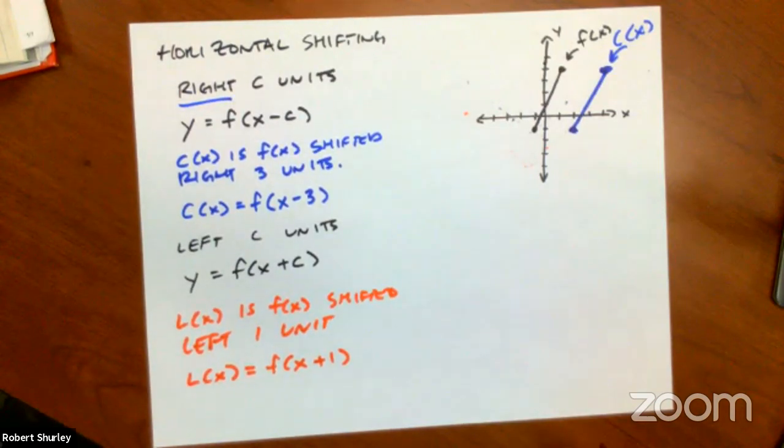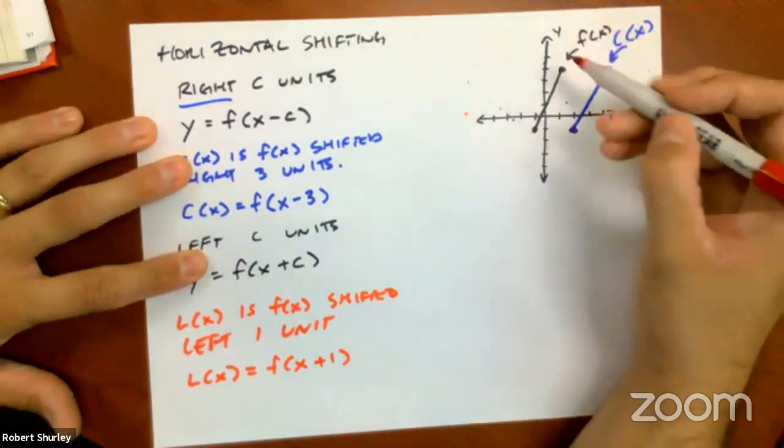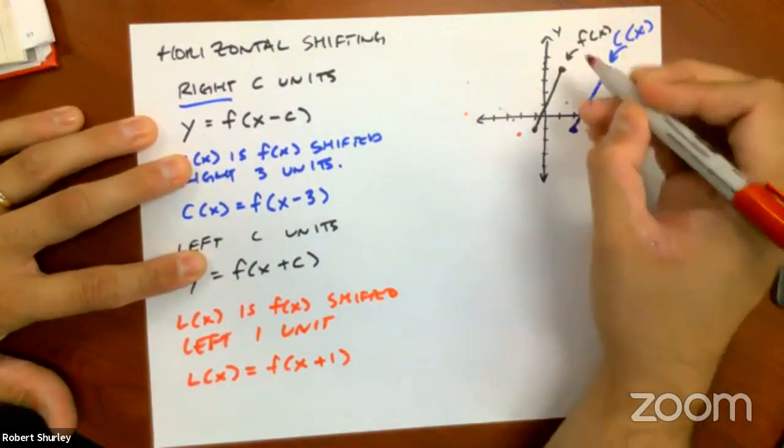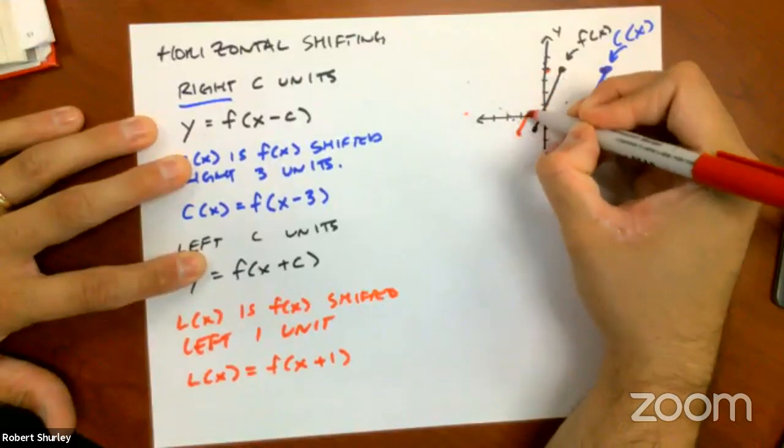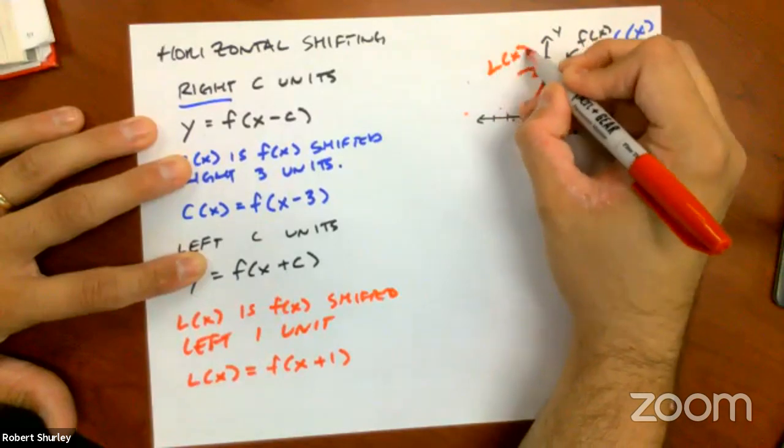The reasoning behind that is it's easier to see with the equations, but it's really the distance to get back to the original coordinate. I know that sounds goofy. We'll see it with this one. If I take my f of x and go to the left 1 unit, it looks something like this. That's L of x.